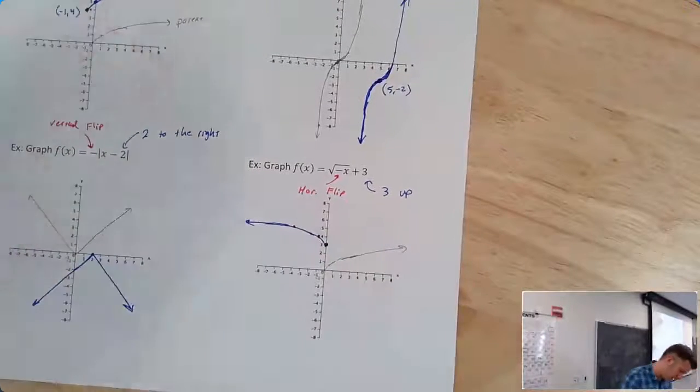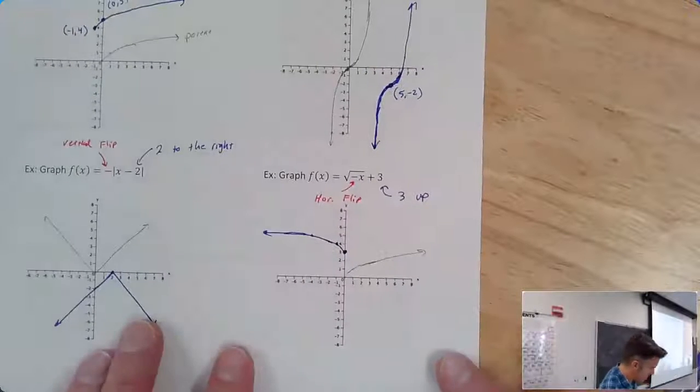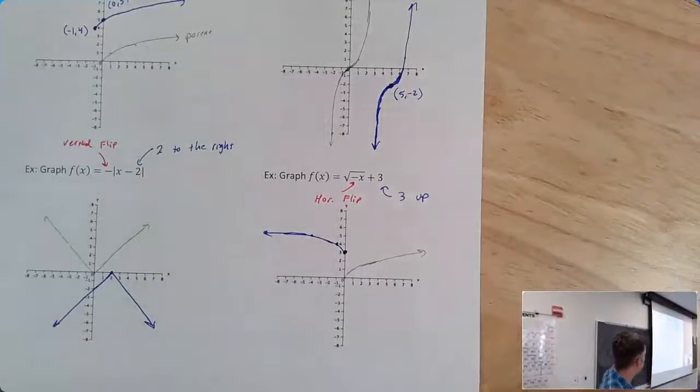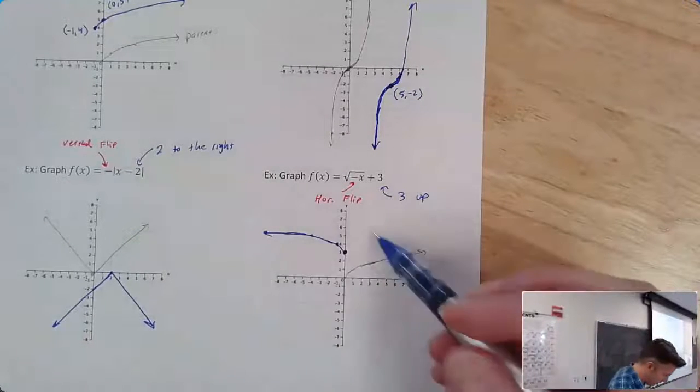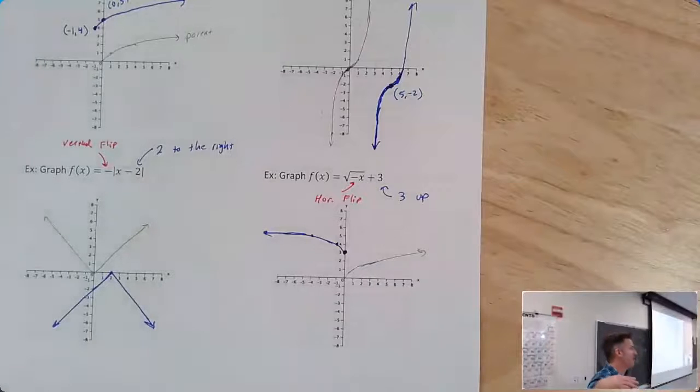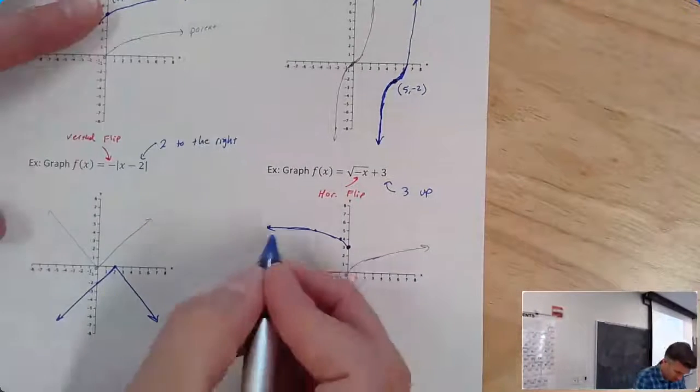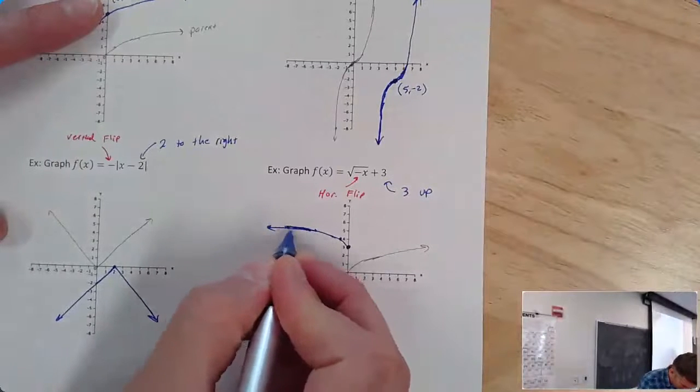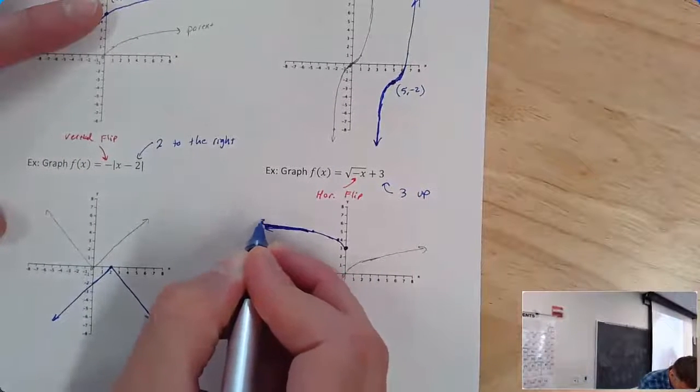Not much practice, I guess. So there's your okay looking horizontal flip, and then up 3. I'm not super proud of this drawing. I'm going to say it looks like it flattens out a little too much. It's looking a little too flat. It should have more of an upward direction there, like that.